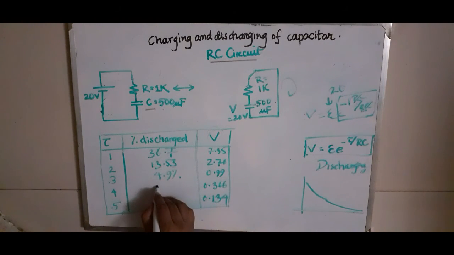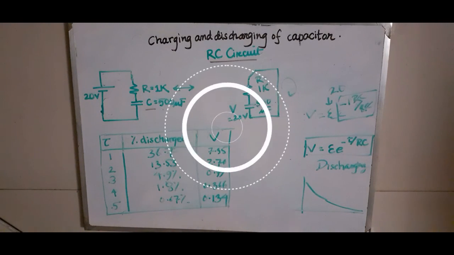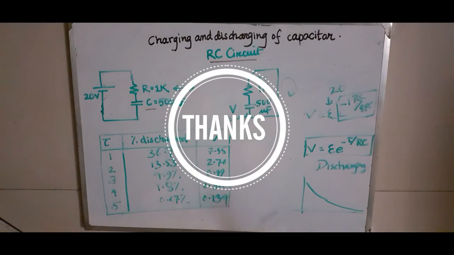After 4 time constants, 1.8%. And after 5 time constants, 0.67%. So this is how it goes. You need to remember this one, and we will now look at a numerical problem.